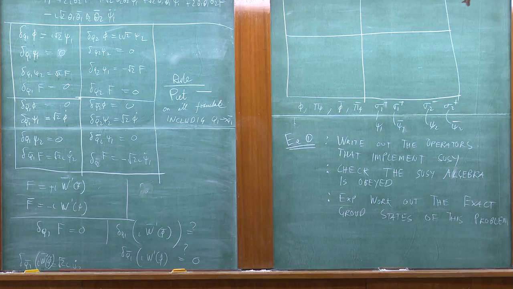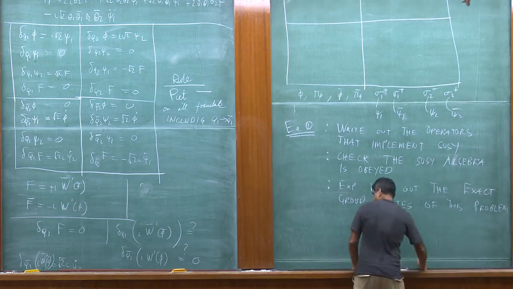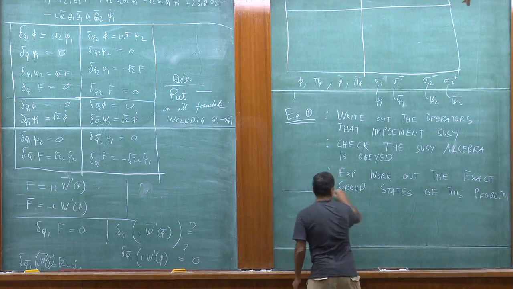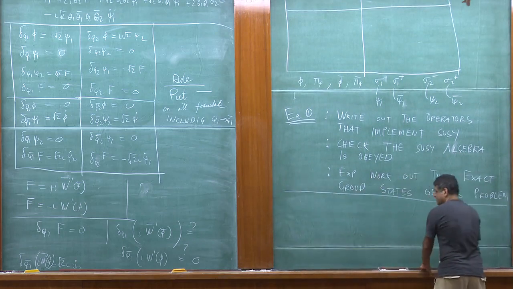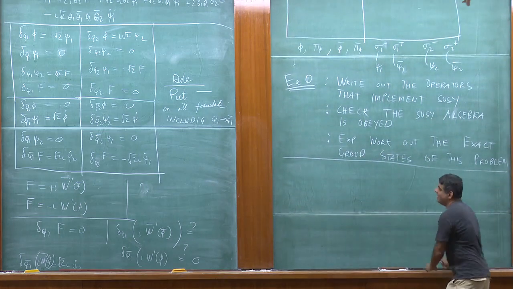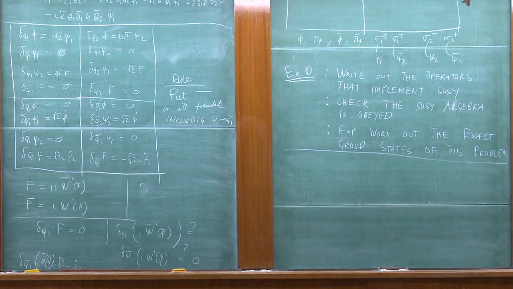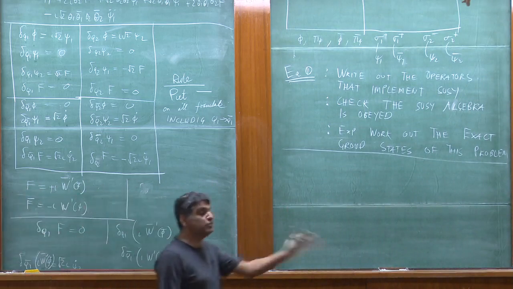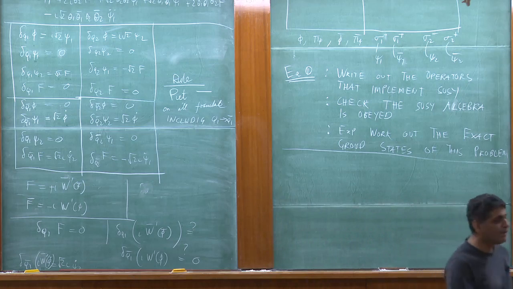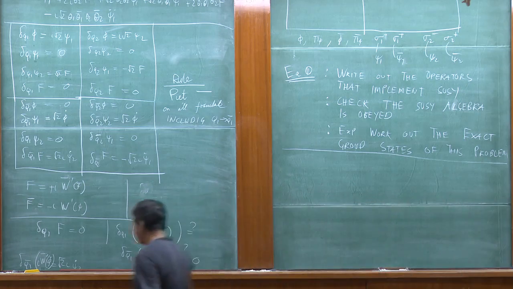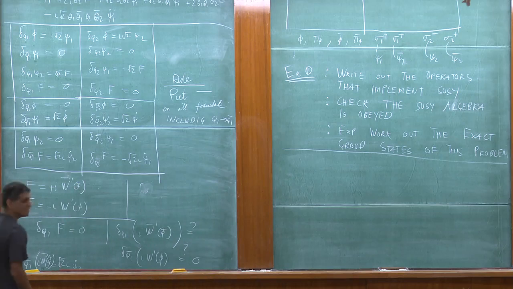So the question that I'm going to ask is the following. Suppose we had not one chiral superfield phi, but many chiral superfields phi I. Now we know how to write down Lagrangians.